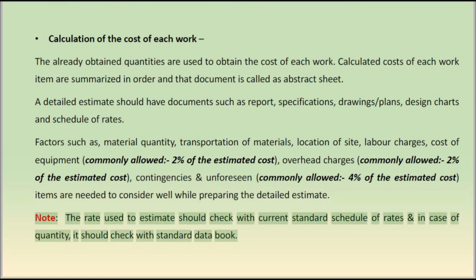Note: the rate used to estimate should be checked with the current standard schedule of rates, and in case of quantity, it should be checked with the standard data book.